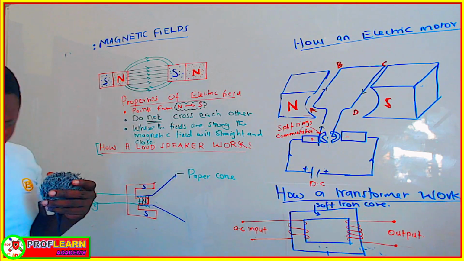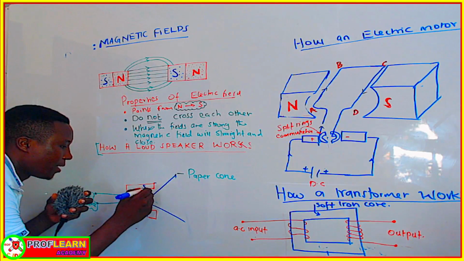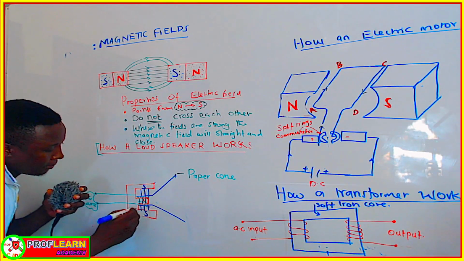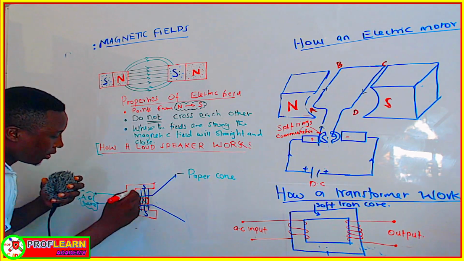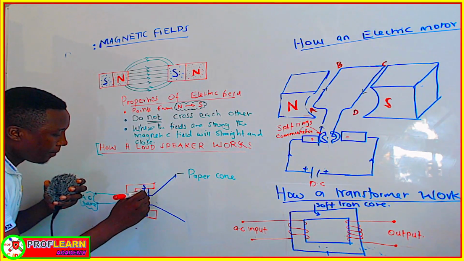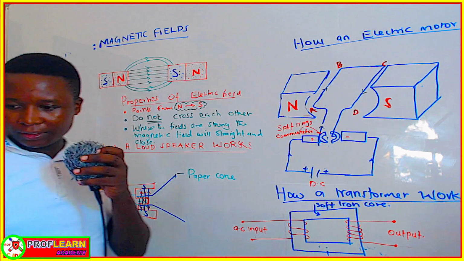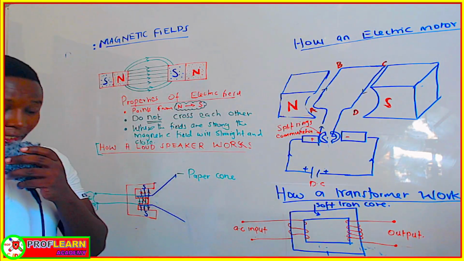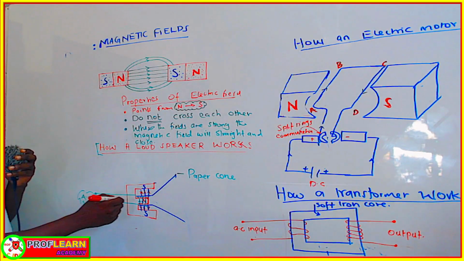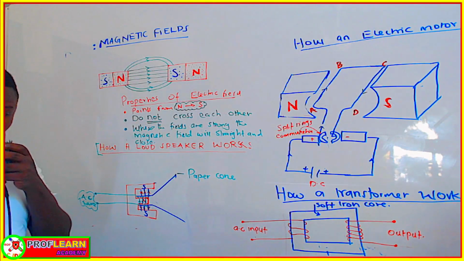But remember, this magnet has its own magnetic fields, because this is a permanent magnet. So we are going to have a set of magnetic fields due to the permanent magnet, and also magnetic fields due to the current flowing through this conductor.